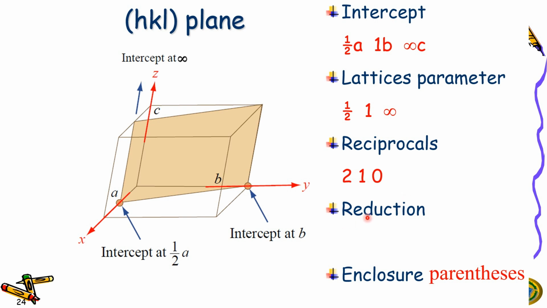You need to do the reduction to make it the smallest integers. Here it is not necessary because 210 is already the smallest integers. So it's 210, and you do the enclosure, using the parenthesis symbol: parenthesis 210 parenthesis. So bingo, I know you are talking about a plane. You are not talking about a direction.